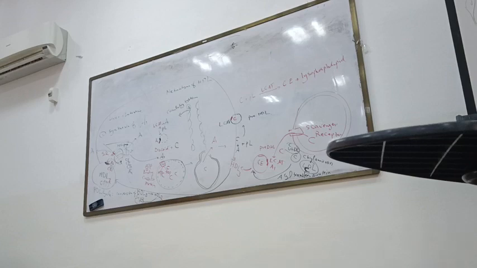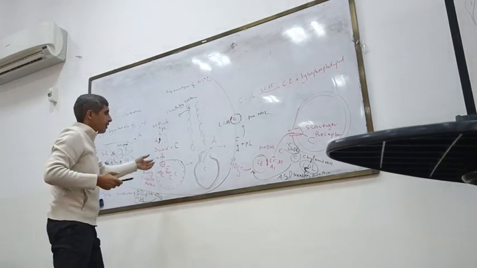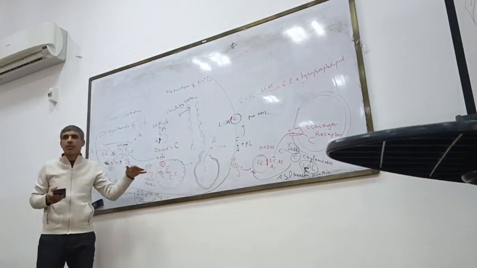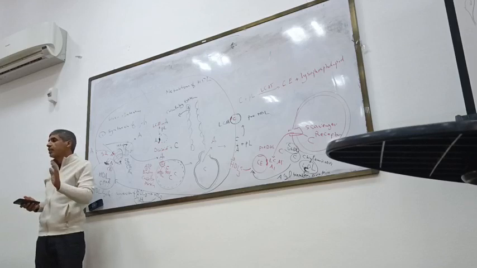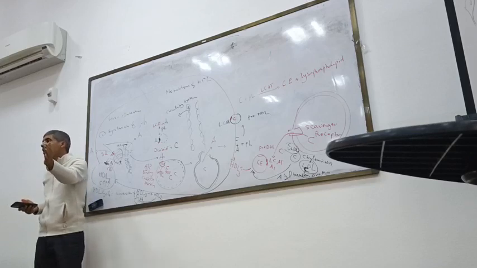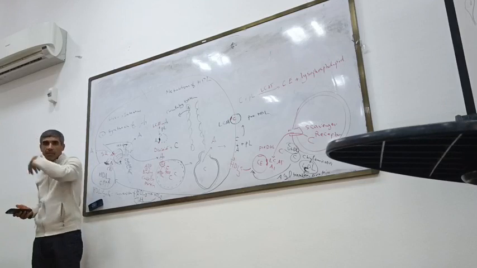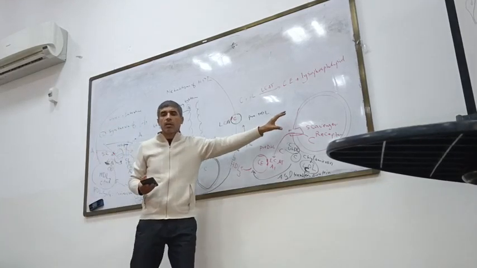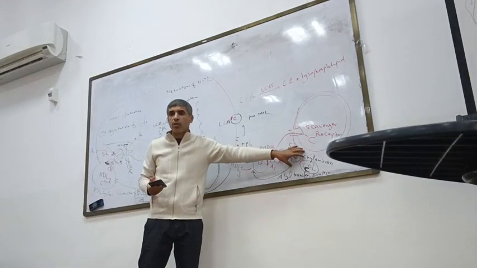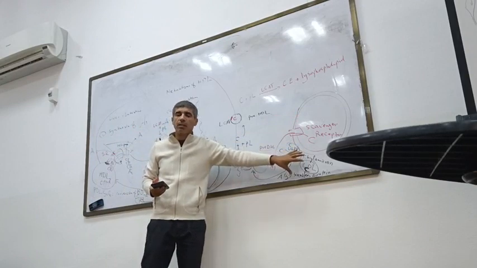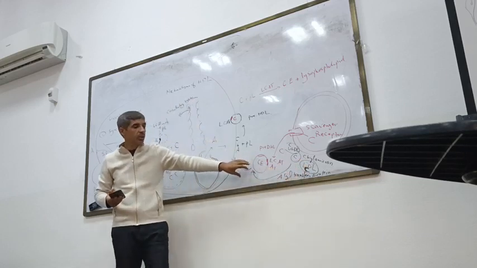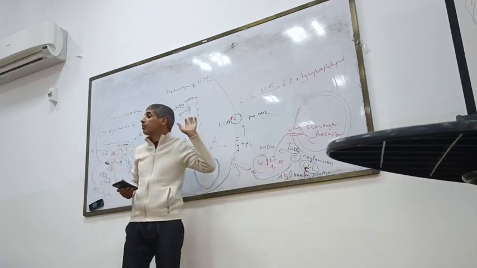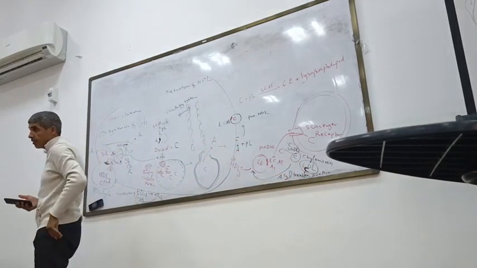We call this mechanism reverse cholesterol transport. Reverse means that cholesterol normally moves from the liver to the peripheral tissues. Here it is taken back from the peripheral tissues, from low density, intermediate, chylomicron, low density to the high density lipoprotein, and back to the liver.